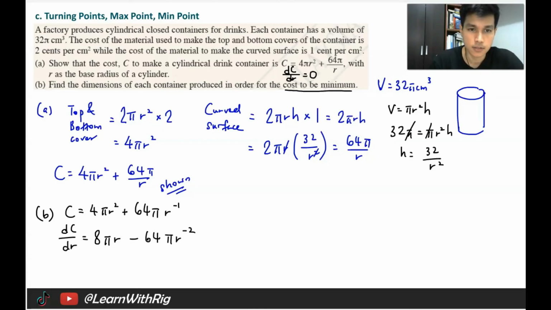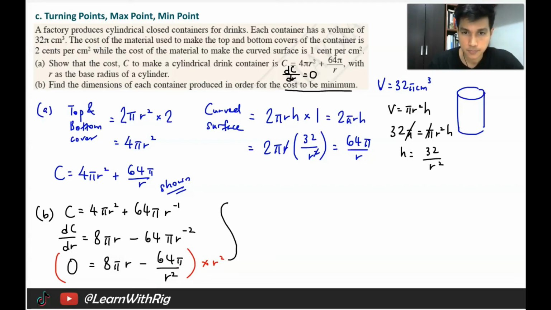If you rewrite this, you will get 0 equals 8 pi r minus 64 pi over r square. Now to make it easy, I'm going to take the whole equation and multiply by r square, because it's harder for me to solve with a denominator.